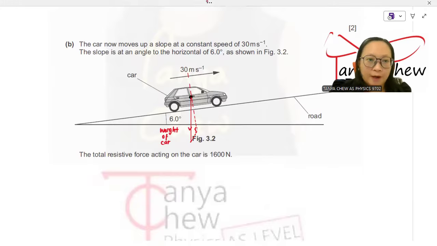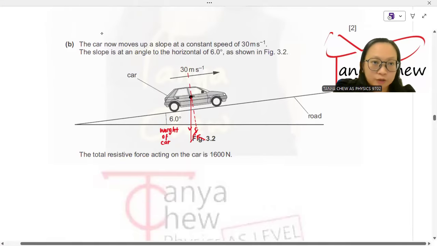I need to find this value. This value must be parallel to this inclined plane, something like this. This is the center of gravity, and this is where the weight is acting. I draw it larger for you to see.